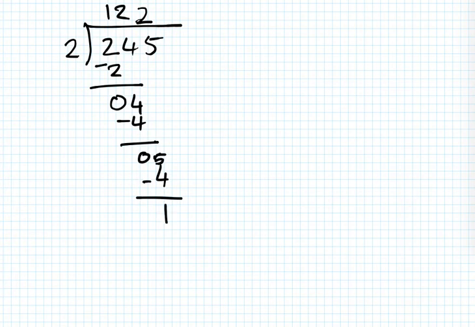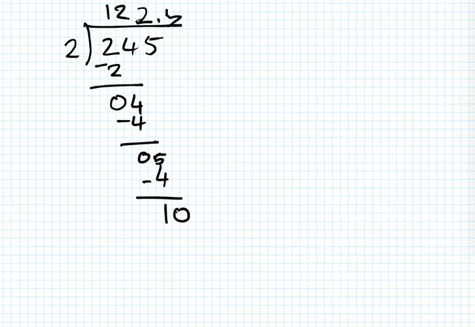Right, now 1 is too small, smaller than this number here, right? So we've got to put a decimal point, and then we can put down 1 0 here. So say 2 times table till you get to a number that's closest to 10. So 1 2 is 2, 2 2 is 4, 3 2 is 6, 4 2 is 8, 5 2 is 10.